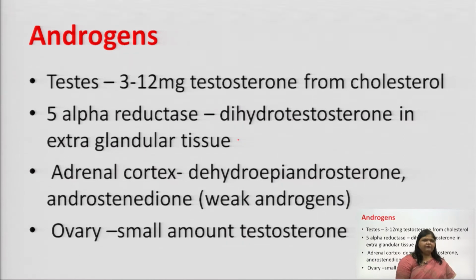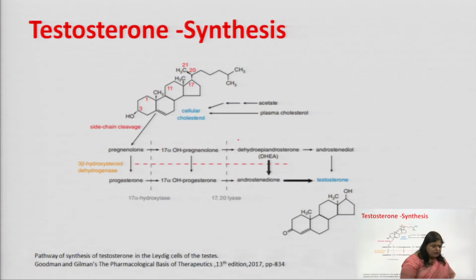In themselves they are inactive, or have only about 1/30th or 1/20th of the activity of testosterone, and the weak activity derived is from their conversion to testosterone. The ovary in females also produces very small quantities of testosterone. Since testosterone is the most important androgen, we will talk about testosterone, taking it as a prototype drug.